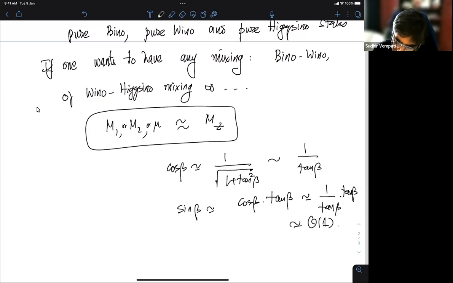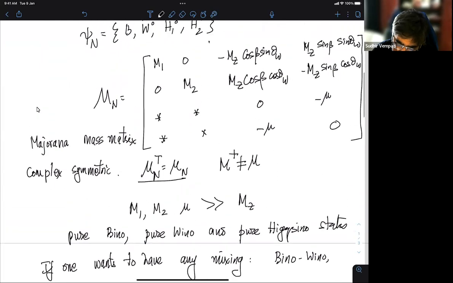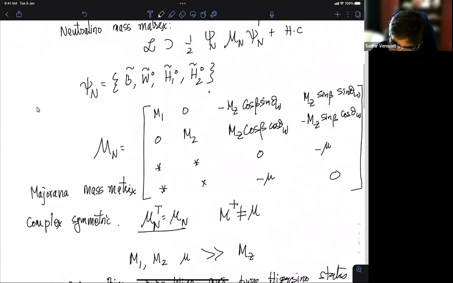Now these are neutralinos. One should always be careful in supersymmetric theories because there are always these 1/√2 factors. The most dangerous ones are the 1/√2 factors and minus signs.